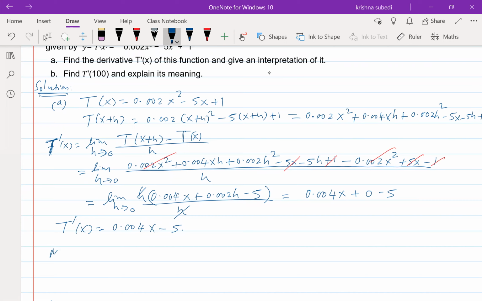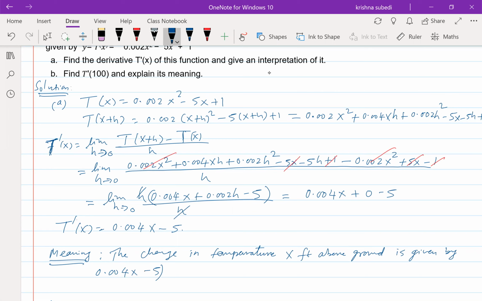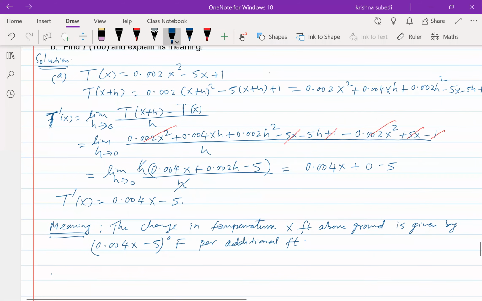So the meaning is the change in temperature x feet above ground is given by 0.004x minus 5 degrees Fahrenheit per additional foot. Okay, so it represents the rate of change.